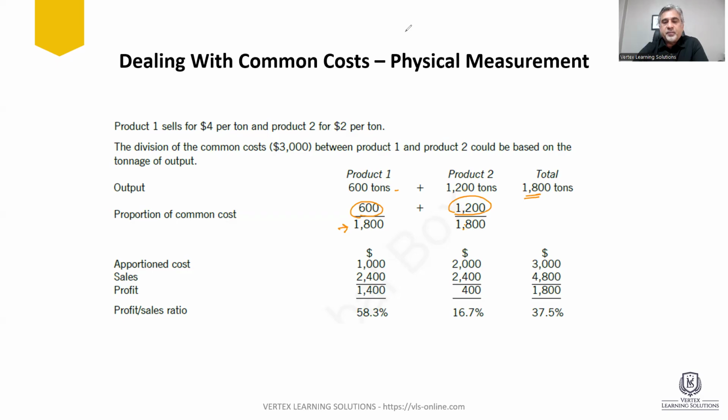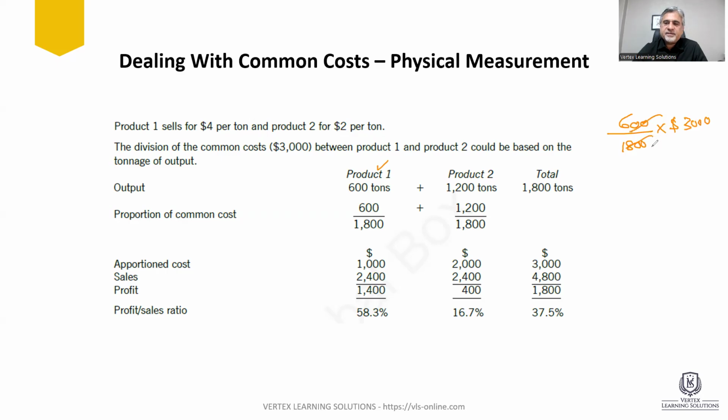So you are getting some proportions. Then your total common cost was 3,000. So how did you get here? You come here as 600 by 1,800 for the first one, and total cost was $3,000.